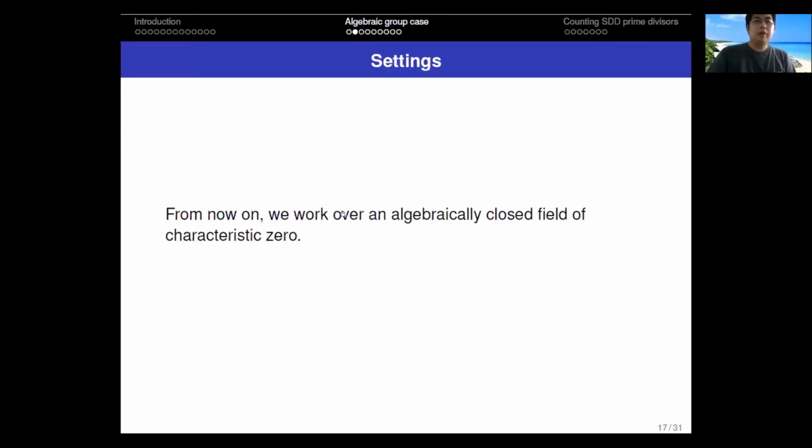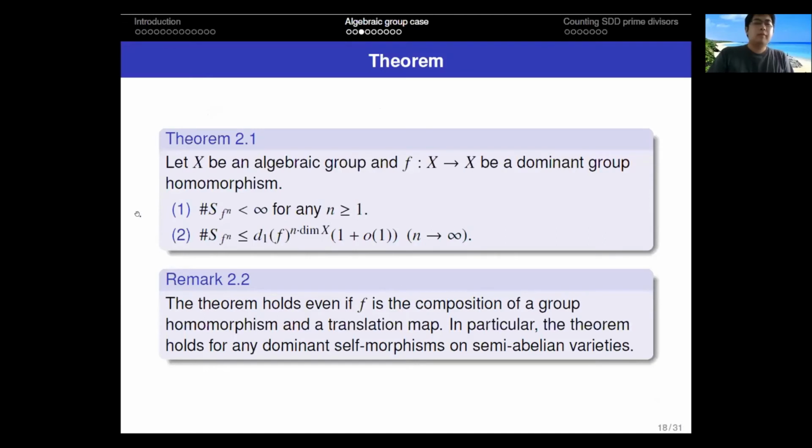From now on, we work over an algebraically closed field of characteristic 0. And our first result is: let X be an algebraic group and F a dominant group homomorphism from X to itself. Then first the finiteness holds, and the conjectured estimate also holds.